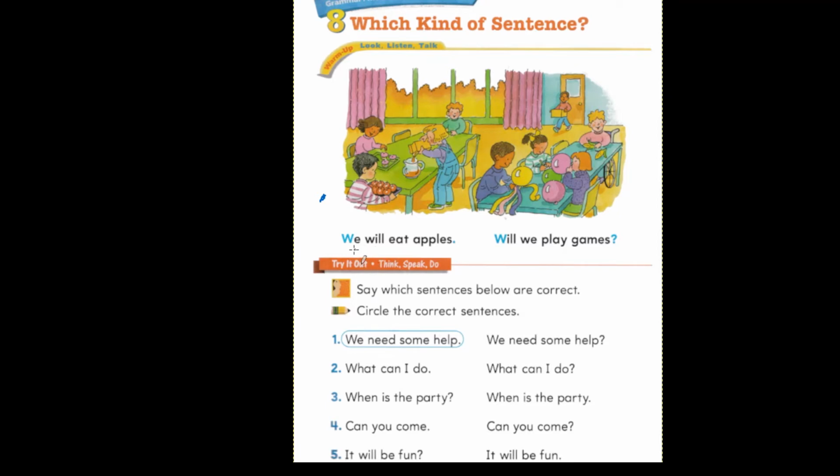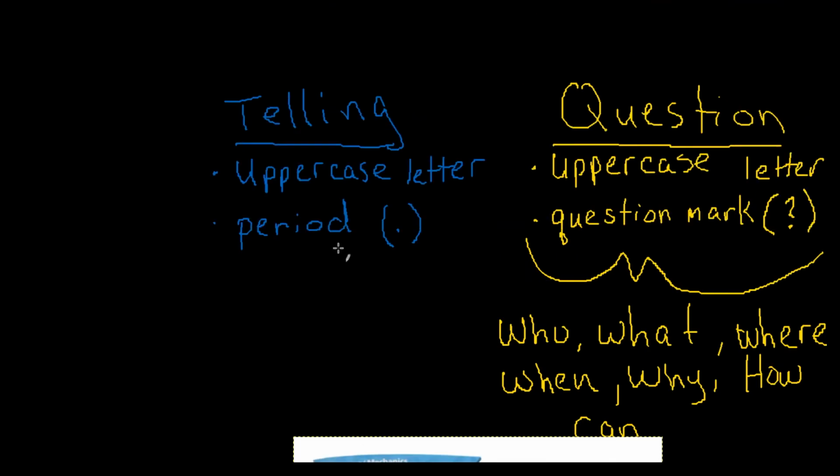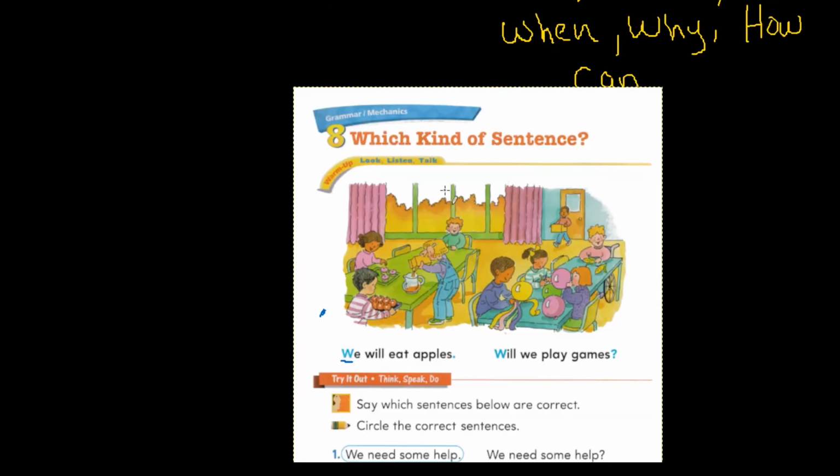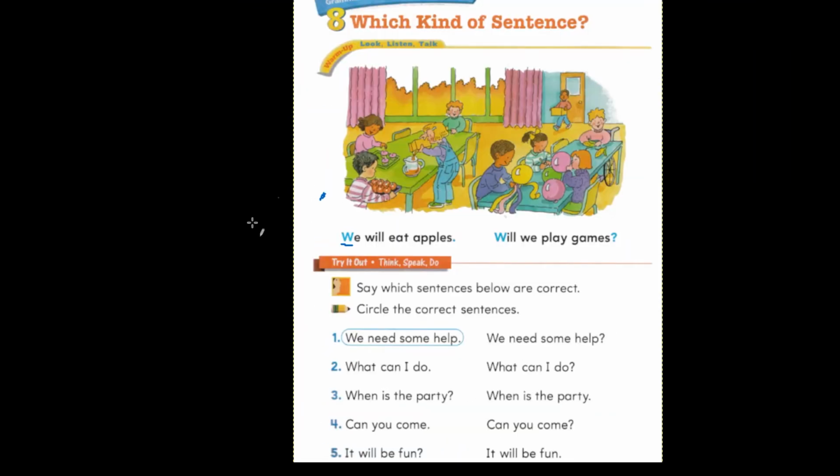This says, we will eat apples. If we go back up, it starts with an uppercase letter, and it ends with a period. I'll put a T right next to it, T for telling sentence. This is a telling sentence.